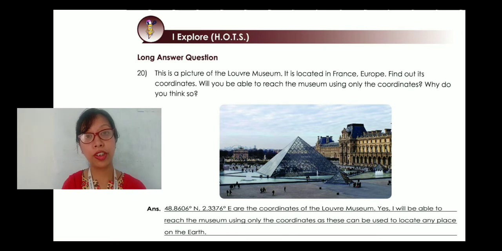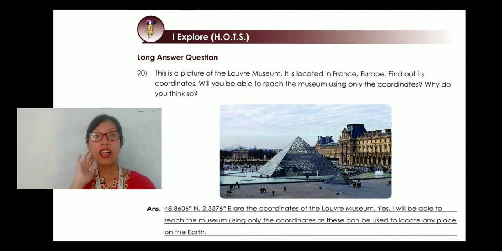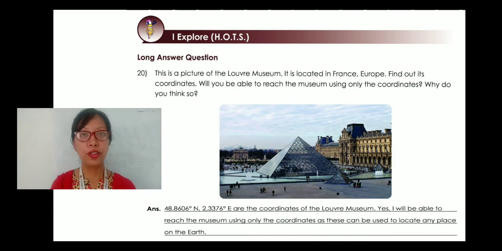In that case, you are going to take out your Google Maps. As technology has advanced, we can type the name of the place and then choose our directions. In the same way, instead of typing the name, we can also put the coordinates and get to that particular place.